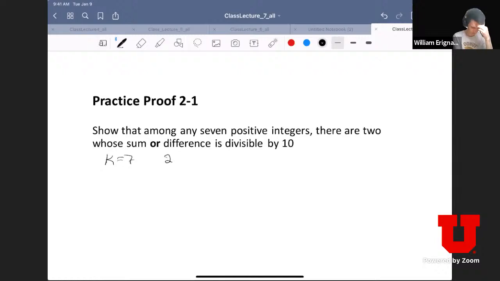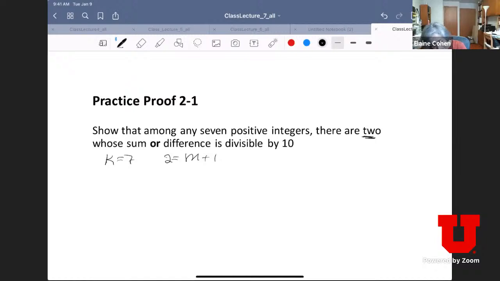Right. So we've got 7 and 2. So we know that 7 is equal to the number of boxes, bins, pigeonholes, times m. Well, if m plus 1 is 2, m is 1. So the number of bins is equal to 6.